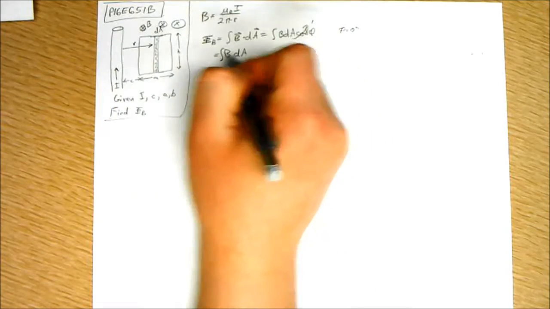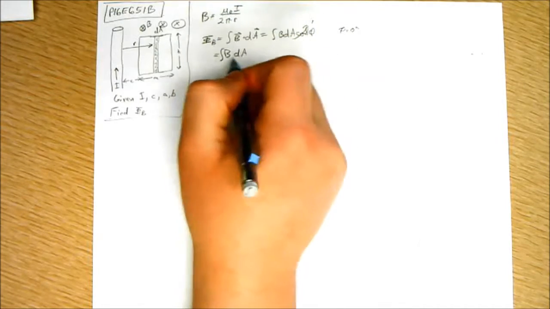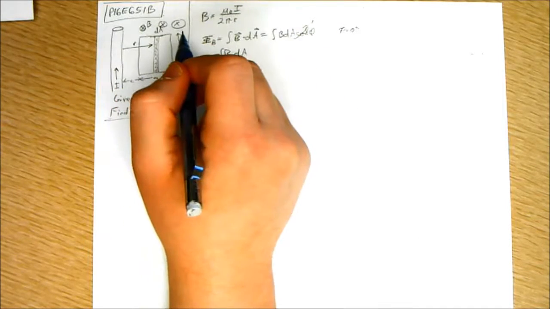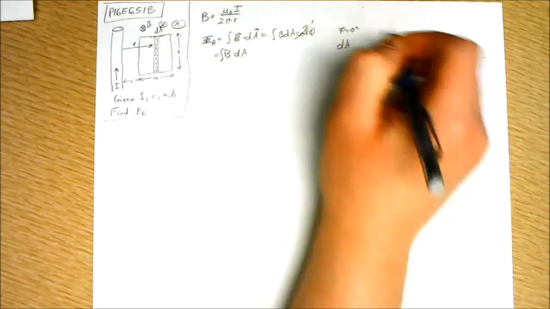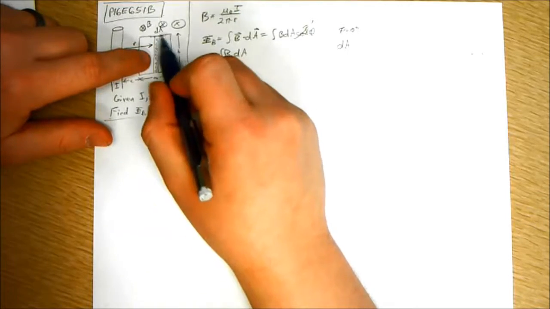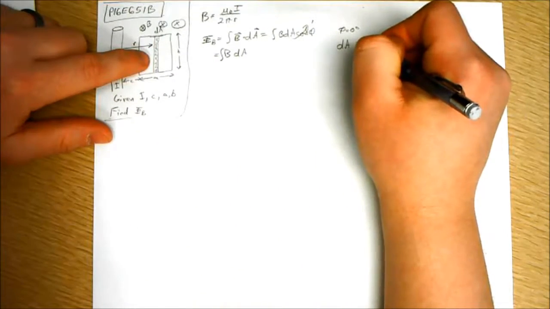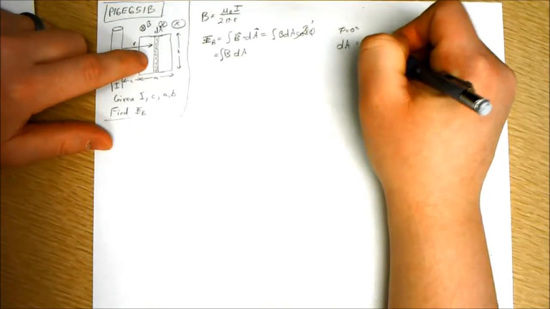Like I said, we can't pull B outside the integral because B depends on r. Also, what is dA? Well, the area of this little sliver is going to be b, that is fixed, times whatever dr is.